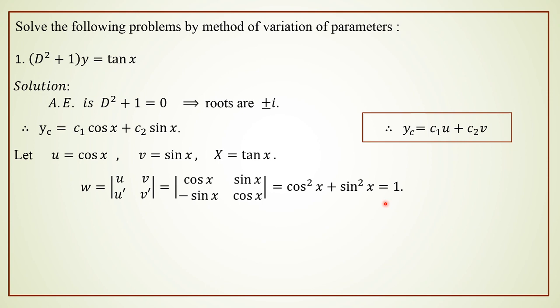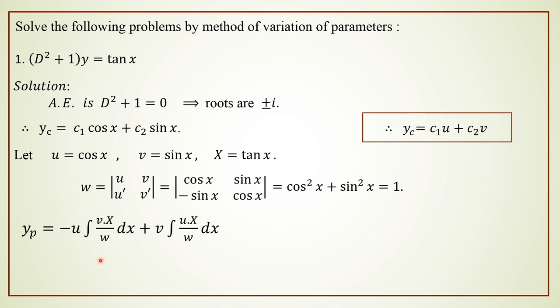So let me compute the particular integral now. yp is equal to minus u into integration of v into X divided by the Wronskian with respect to x, plus v into integration of u into X divided by the Wronskian, and the integration is with respect to x.